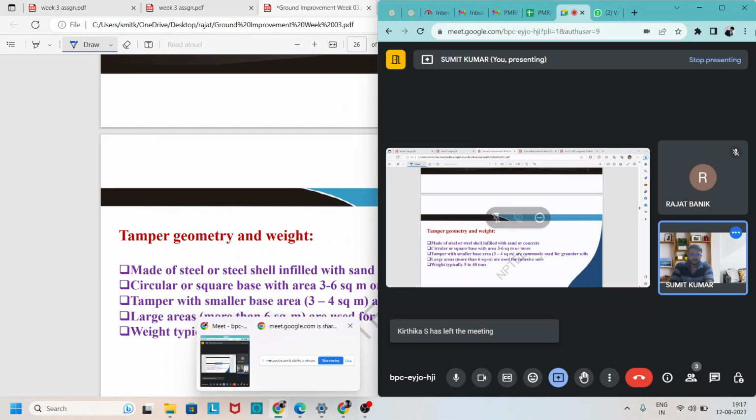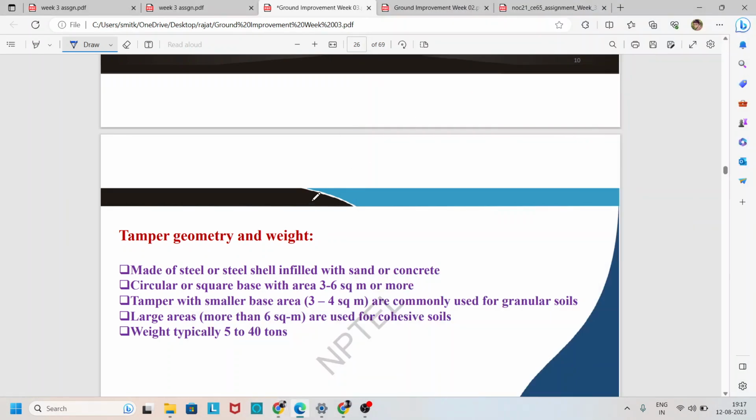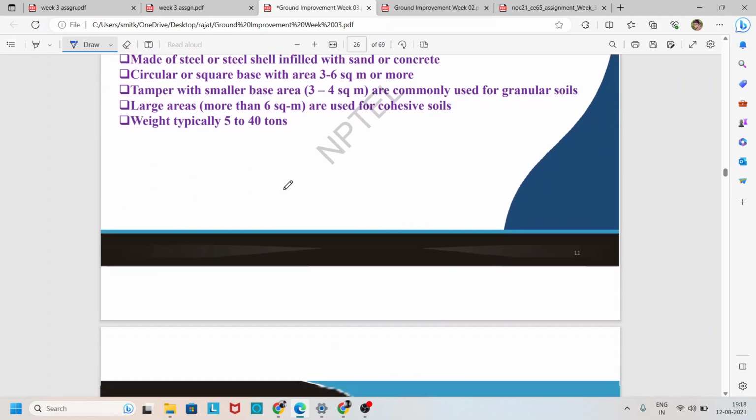When it is used for cohesive soil, the tamper area will be increased because in cohesive soil the pressure or energy to be transferred should be more, so the area of the tamper should be more. Also the weight of the tamper should vary from 5 to 40 kilotons.